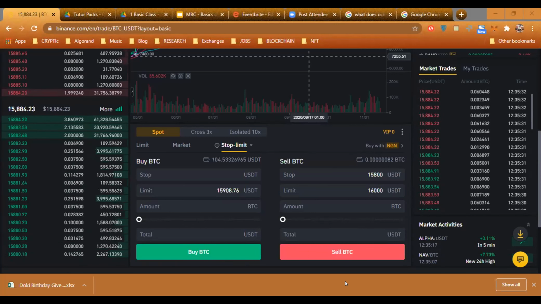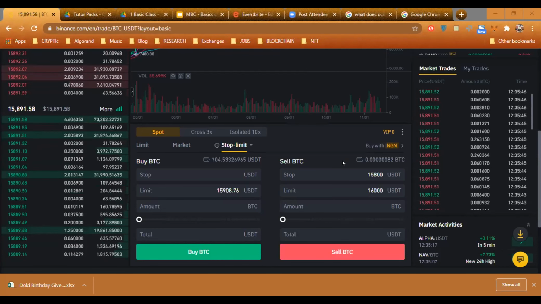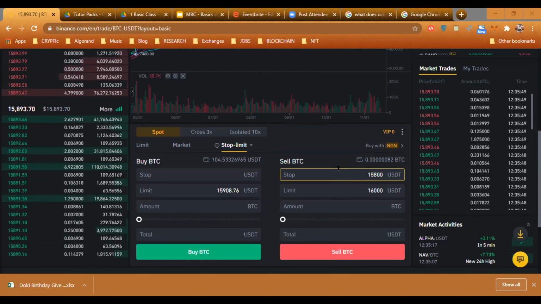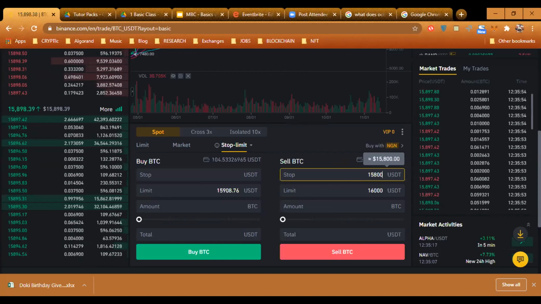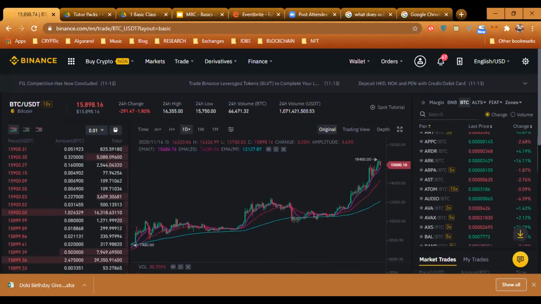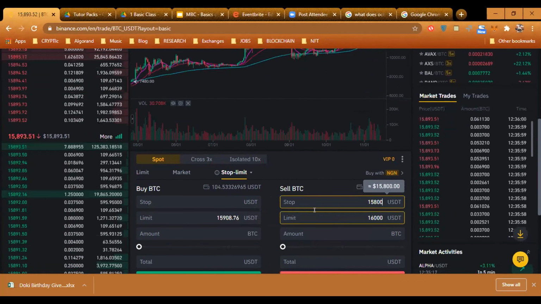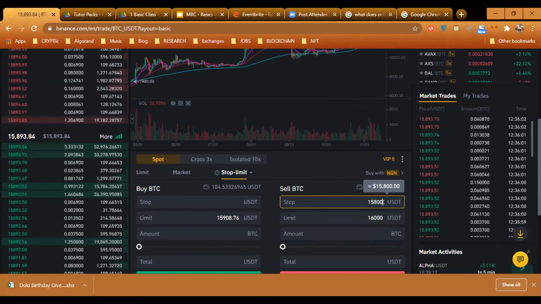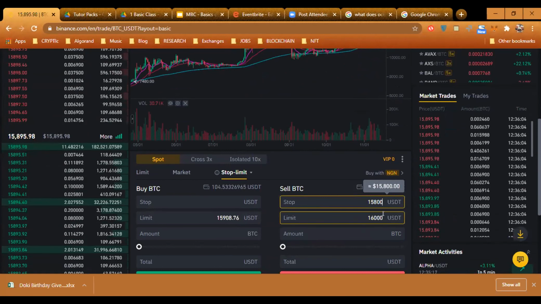My question is, if I should set a stop limit, let's say I bought BTC at 15,890, and now I'm putting my stop loss at 15,800, and my sell limit is 16,000.